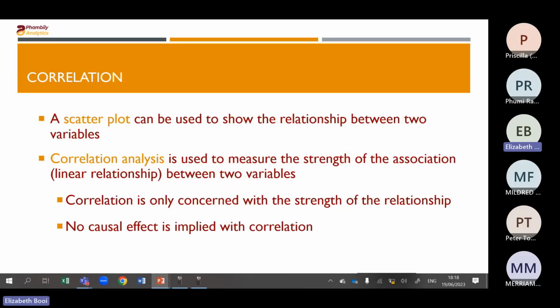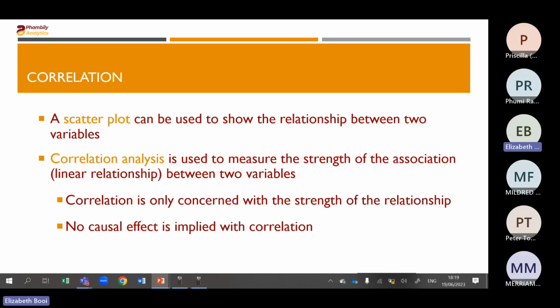From that scatter plot, you can calculate the strength of that relationship because you will know the direction. You need to calculate the strength to know whether it is a weak relationship or a strong relationship. That's what correlation is all about.